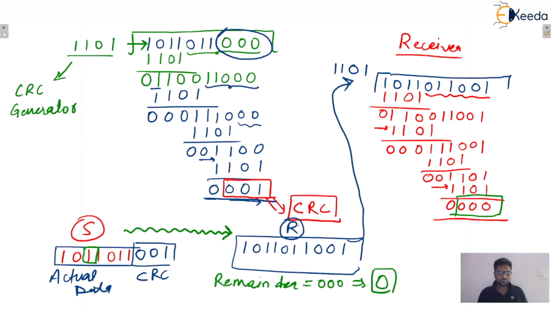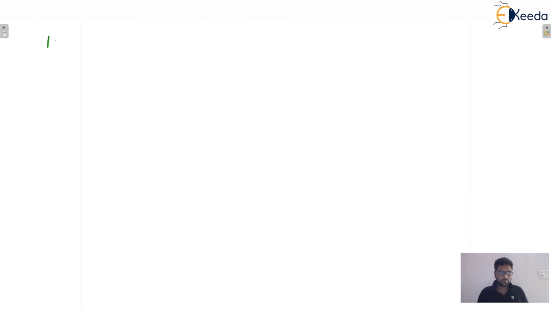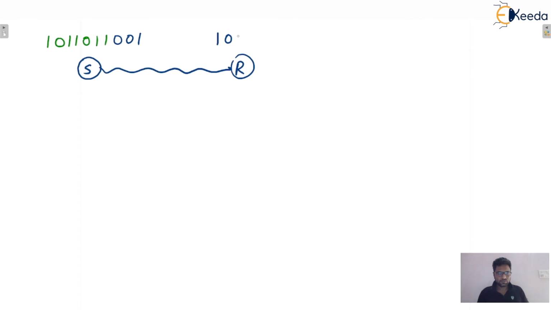Let's say the actual data was 10110111, and the CRC 001. The sender sends this data and the receiver receives 10010110001. You can see here this bit got modified. Now what will the receiver do? The receiver will apply the same calculation.